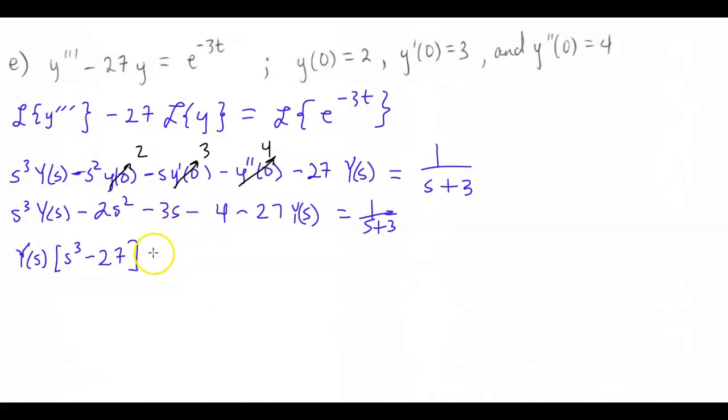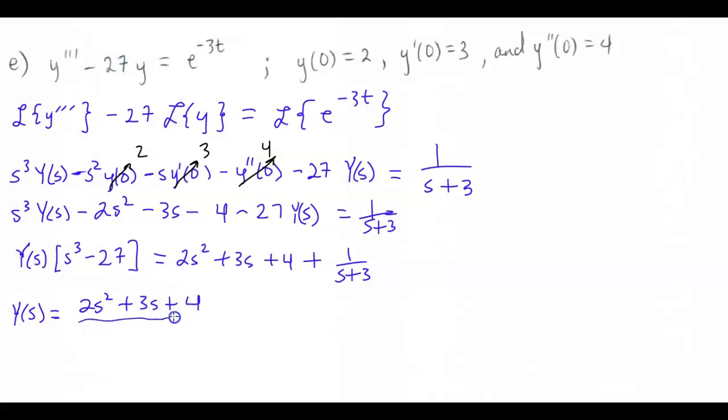There's nothing else to combine with it, so we're just going to add those terms to both sides. Have the situation here. And then we know that y of s will just be 2s squared plus 3s plus 4, all that over s cubed minus 27, plus 1 over s plus 3 times s cubed minus 27.